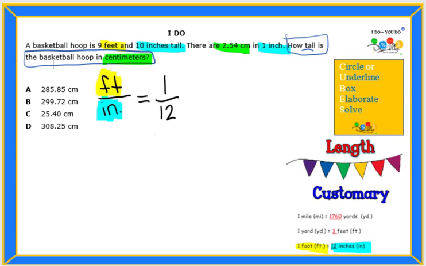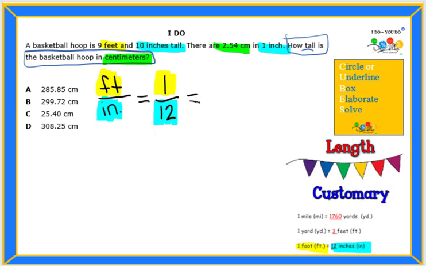I'm color coding so that we make sure that feet measurements are always going to be on top. That's how I labeled it. And inch measurements are always going to be in the bottom because that's how I labeled it.